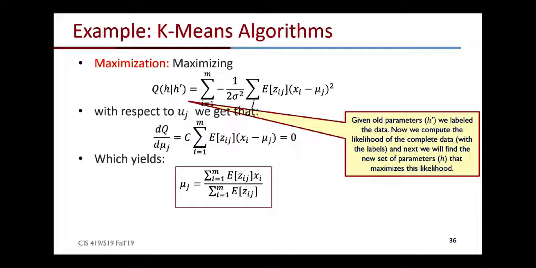What is the weight of each xi? Xi can belong to j equal 1 or j equal 2 or any other j. And this is the weight that is given to xi when it belongs to the jth center. So we split xi among all the centers and give a fraction of it to each one of the centers. This is the weight given to xi being in the jth center.